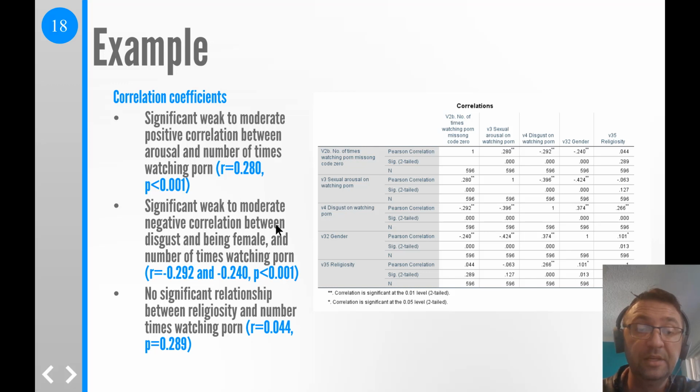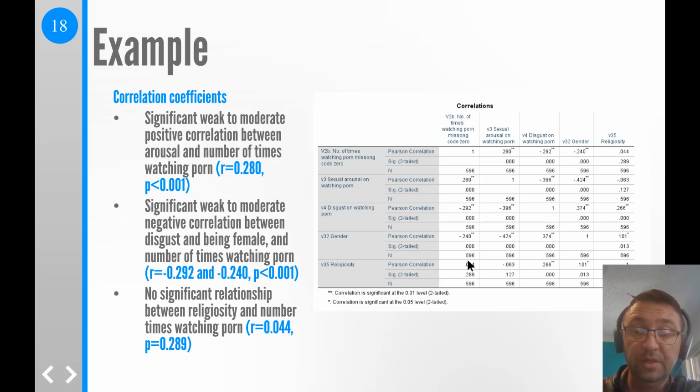We can also see there's a negative correlation between watching porn and disgust. There we go, minus 0.292. And also being female. Gender is 1 for female. So if you have a 1 for this, you'll have a lower value for number of times watching porn, which is fine. And then there's no significant relationship between religiosity and number of times watching porn.